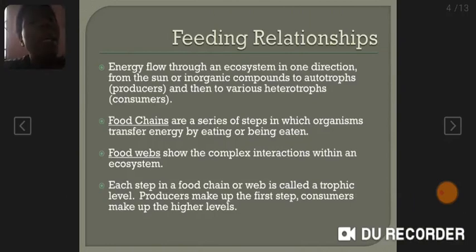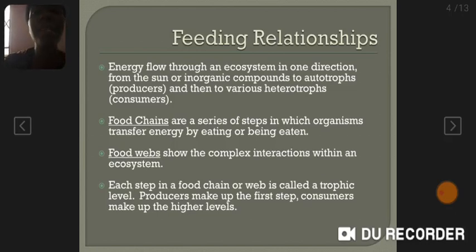Now, let's talk about feeding relationships. Energy will flow through an ecosystem in one direction, from the sun to the autotrophs, and then to various heterotrophs, or the consumers.